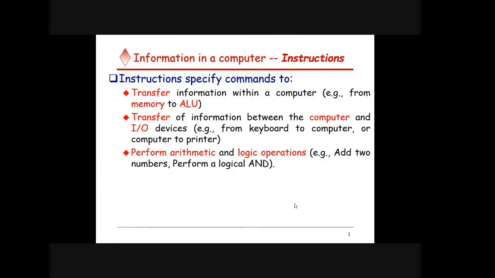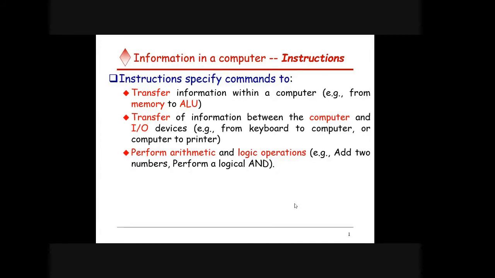One is data transfer within the computer. We already know about the different functional units of a computer, so it may be between any two internal functional units, either memory to ALU, or input unit to memory, or ALU to memory.